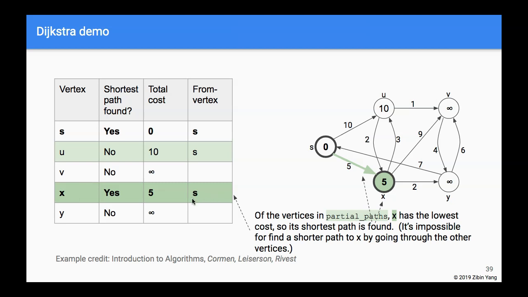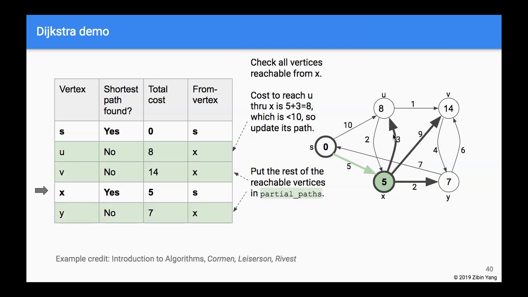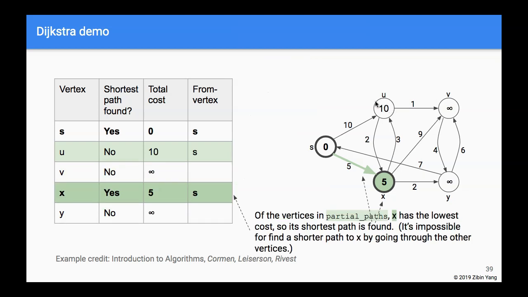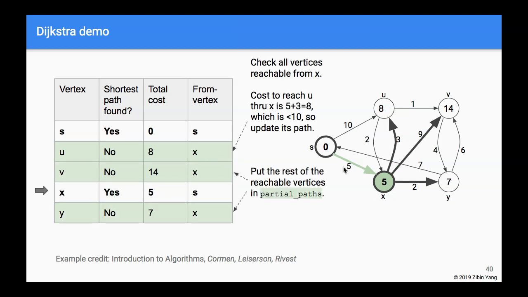Then we look at all the outgoing edges from X. There are 3 of them, and we check each of the vertices reachable by these edges and check their cost. So let's look at, for example, the vertex U. It used to have a cost of 10 if we go directly from S. Now, if we go from X, the cost to reach X from S is 5, and then from X to U, it's a cost of 3.